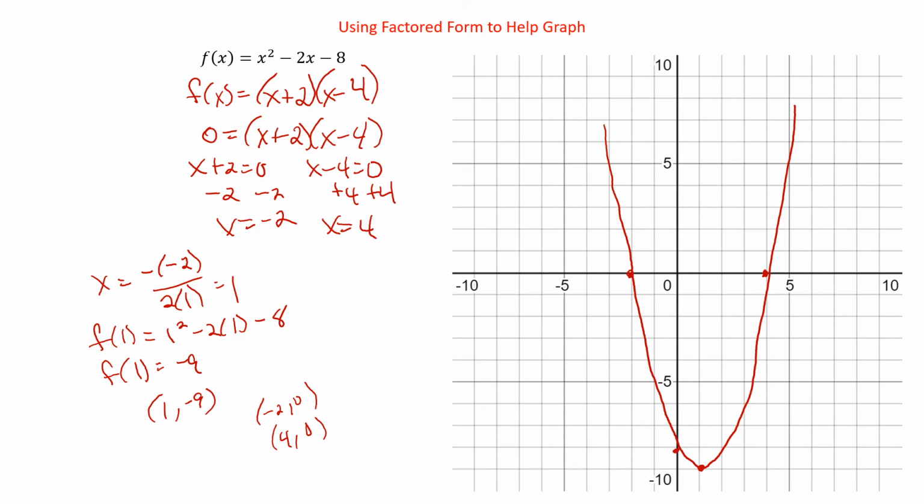It's just negative 8, which means we'd also have negative 8 right over here. My points miraculously went right where they were supposed to there. But we can factor it to help us graph, because that gives us the zeros. Those zeros are great points to graph from. So if we have the vertex and 2 zeros, we can sketch our graph.